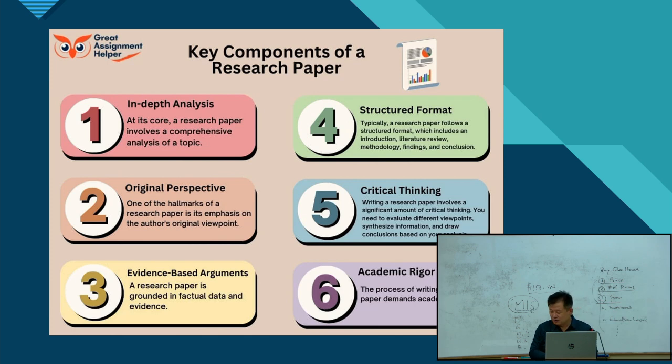Next shows the key components of research papers. What kind of components are in research papers? First should be in-depth analysis, very deep analysis, and also original perspectives, and also evidence-based argument.